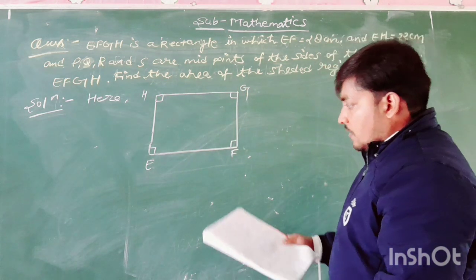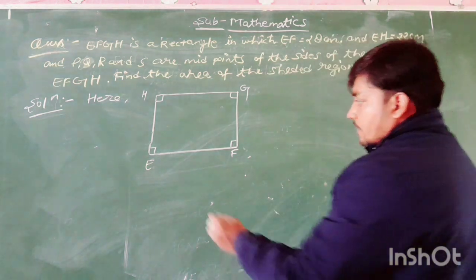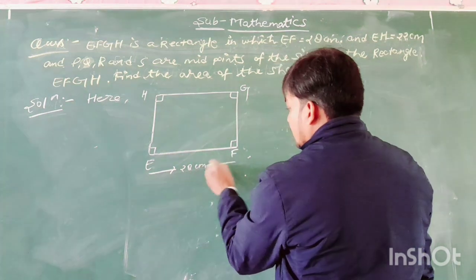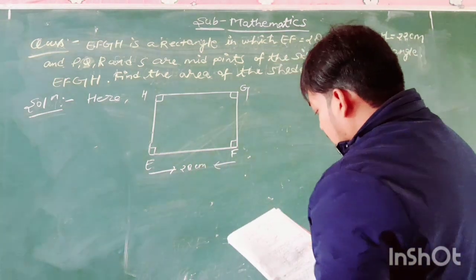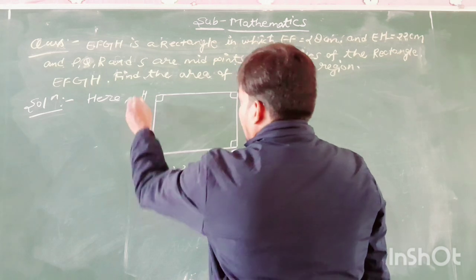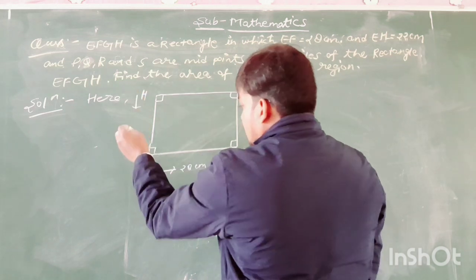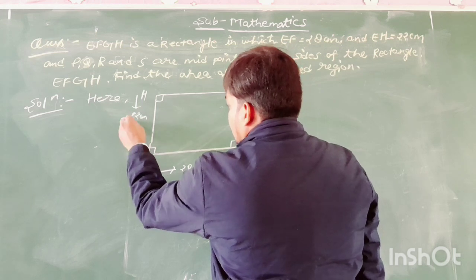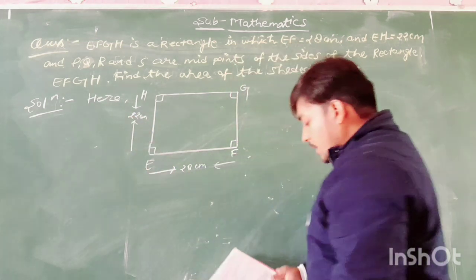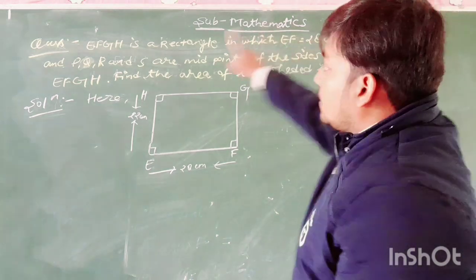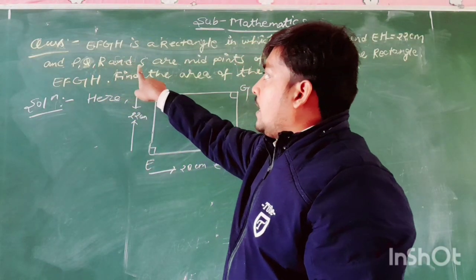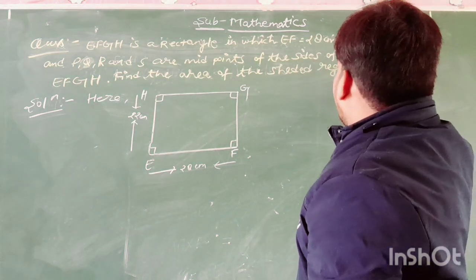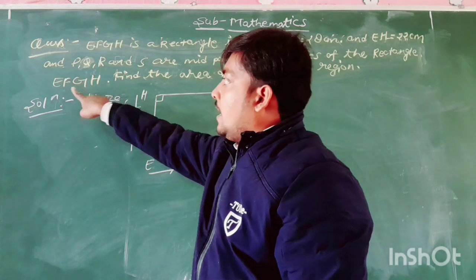Here the dimensions of EF will be 28 centimeter and the dimension of EH or HE is 22 centimeter. P, Q, R and S are midpoints of the sides of the rectangle EFGH.